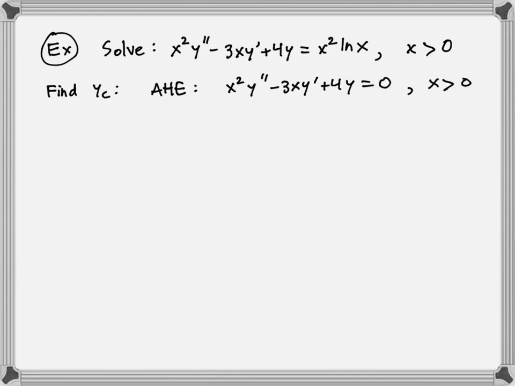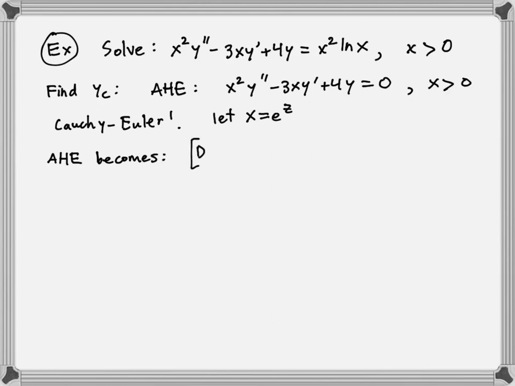So what we have here is Cauchy-Euler. This is important. It wasn't Cauchy-Euler before because we didn't have a 0, but now it is. So we can do the exact same trick that we did before. We're going to let x equal e to the z. And so the associated homogeneous equation becomes D times D minus 1 minus 3D plus 4 y is equal to 0.